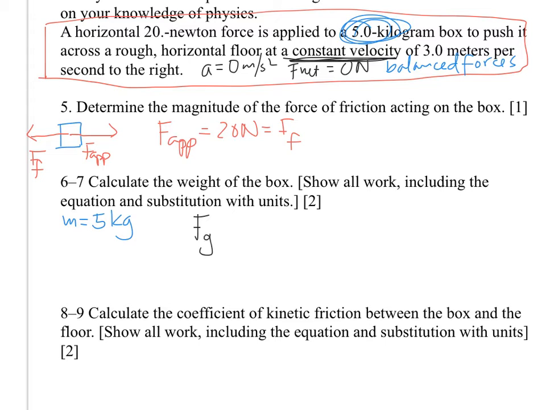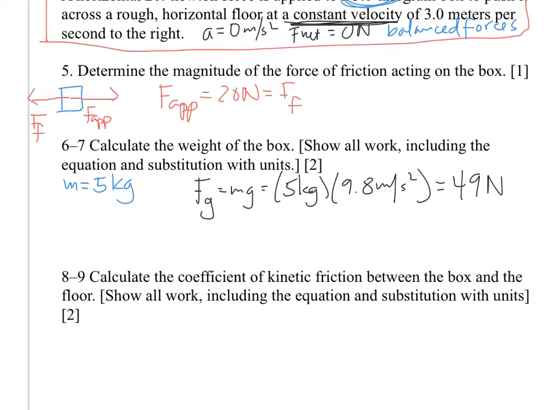F of g is equal to mass times g, where our mass is 5 kilograms and our g is equal to 9.8 meters per second squared. When you plug that into the calculator, you should get a value of 49 newtons. And just like that, it should give you full credit on the Regents.